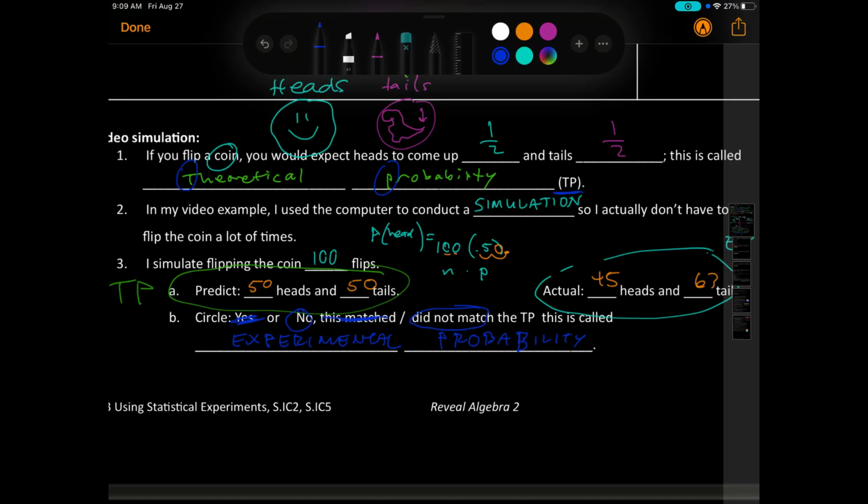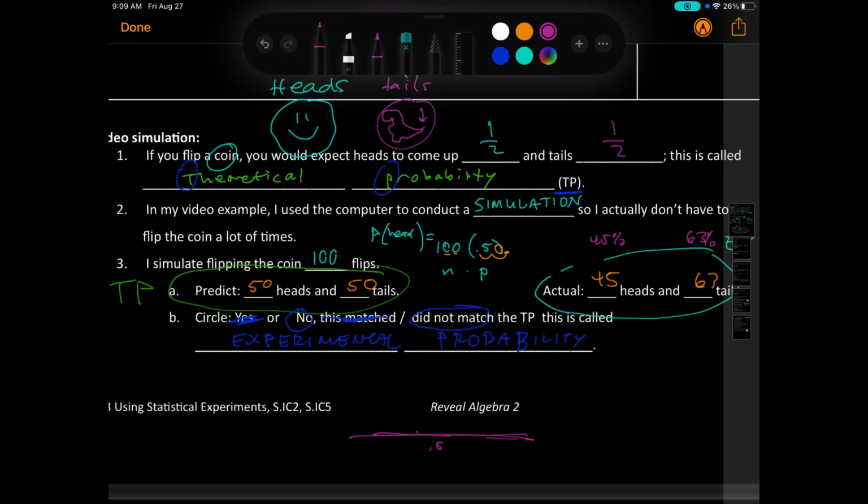And just to note, something really cool is that if you did this 100 times, 1,000 times, and let's just say ours was probably like 45% and 63%. That doesn't really add up to 100. Maybe I stopped it early or something.